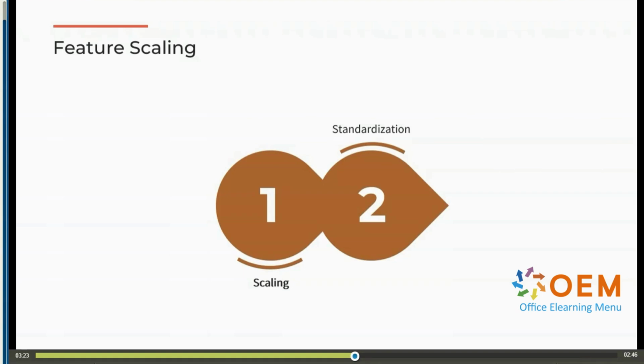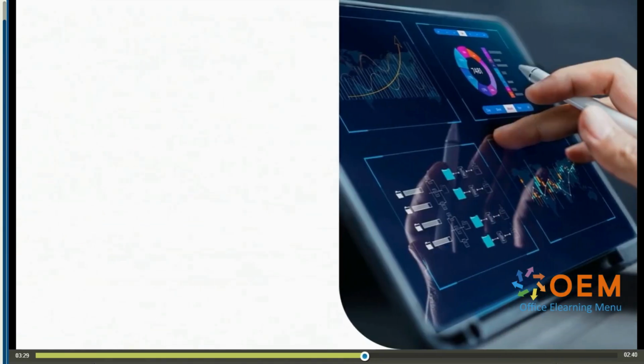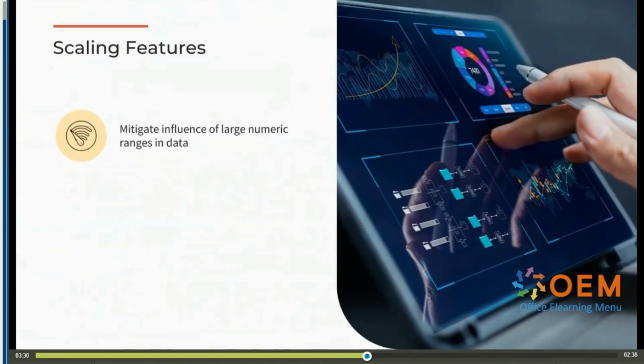Let's discuss why you might choose to preprocess your numeric features using scaling techniques. Many machine learning algorithms, especially those that calculate distances between data points, like the k nearest neighbors algorithm, can be heavily influenced by features with larger numerical ranges. If one feature is measured in thousands and another in tens, the larger feature might unfairly dominate the algorithm's decision.